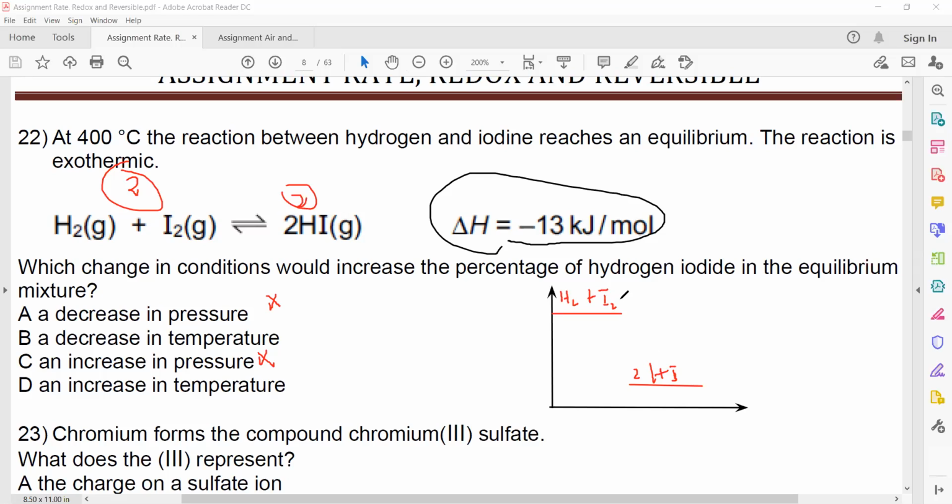You can easily understand from the energy diagram. Removing the energy, I will get more product. If I want more product, I should decrease the temperature. So B is the right answer.